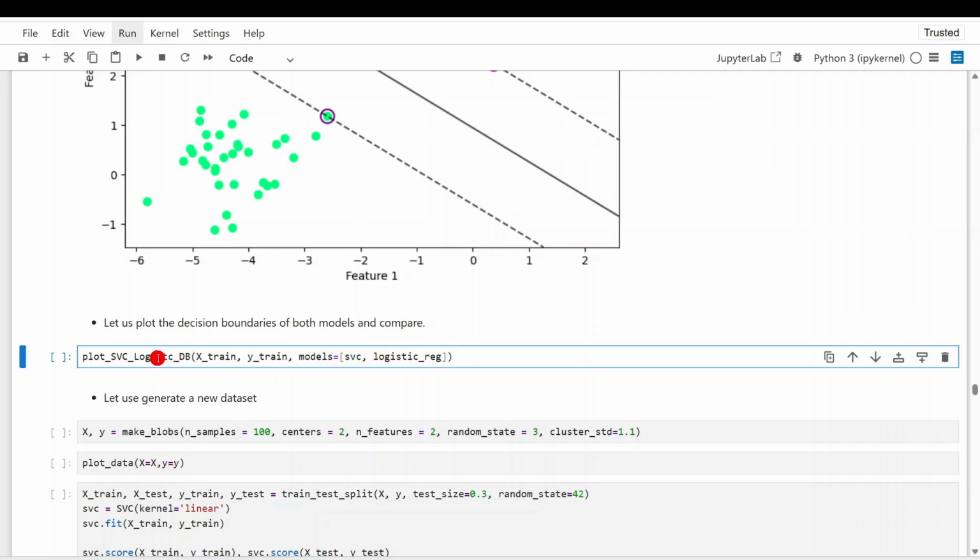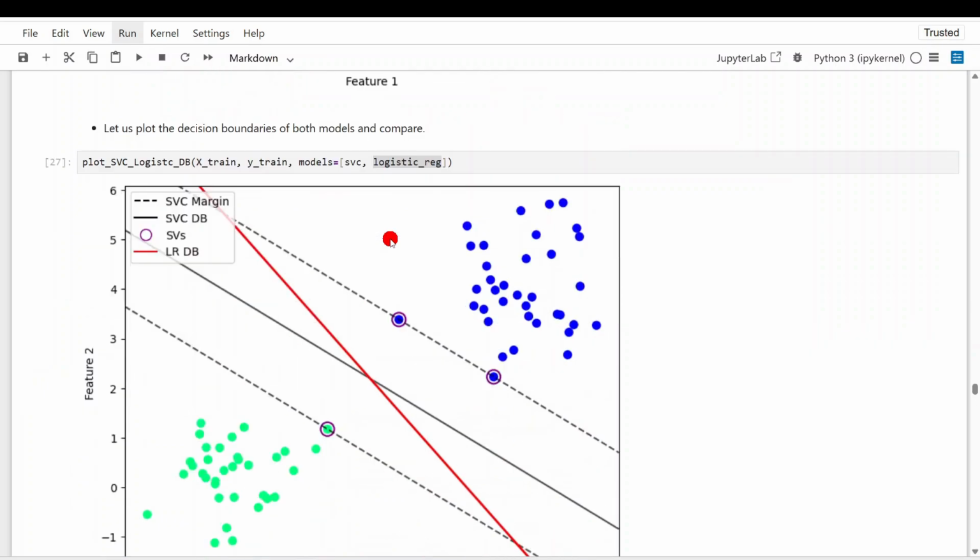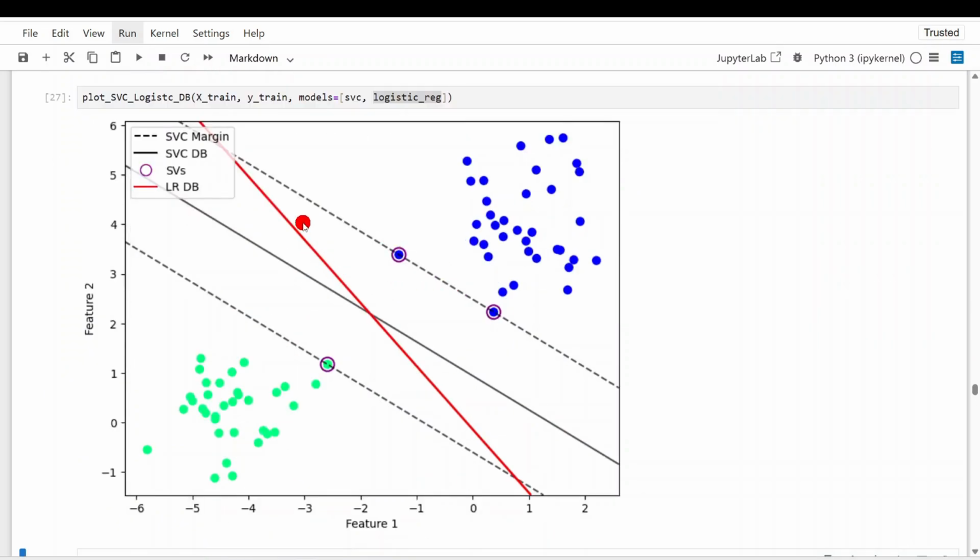Again, I use the same function and include the support vector classifier and logistic regression models that we have trained before. Here the red solid line stands for the logistic regression decision boundary, and the solid black line stands for that of the support vector classifier decision boundary. Now the difference between the two decision boundaries is clear.